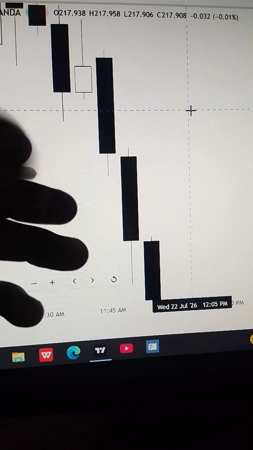Let me show you what I'm saying. We have this candlestick, we have this wick. You can see this candlestick closed below this wick, so that is a breakout. Now we have this one, crossed below the previous candlestick, that is a breakout.